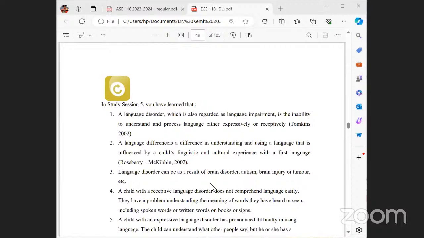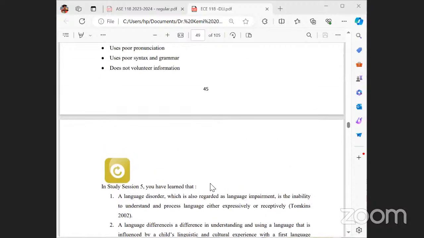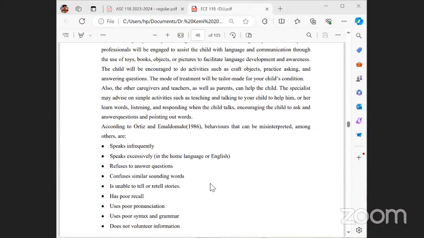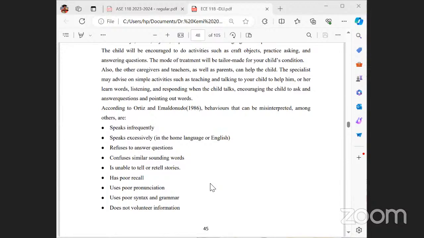That may be a misinterpretation that the child is suffering from language disorder.